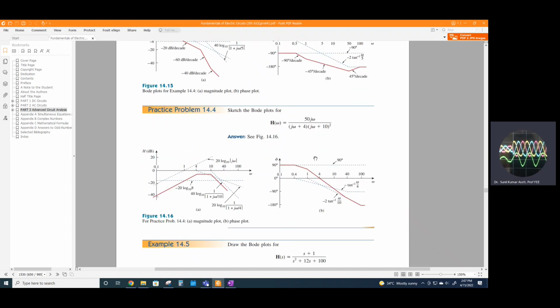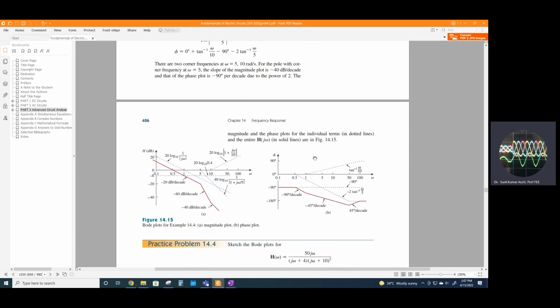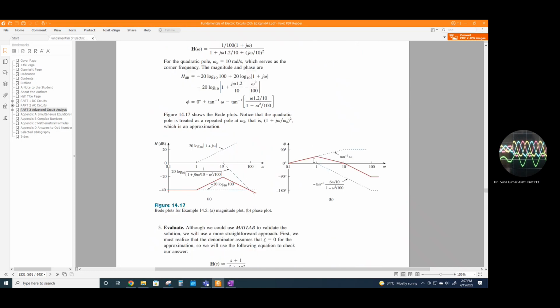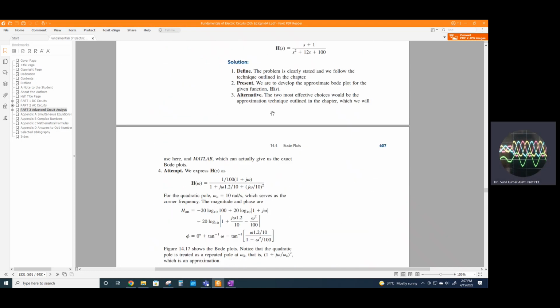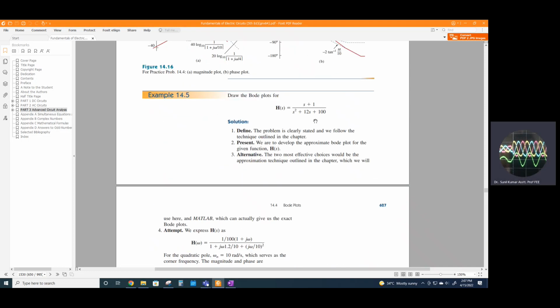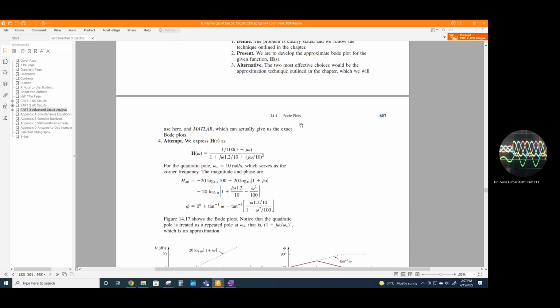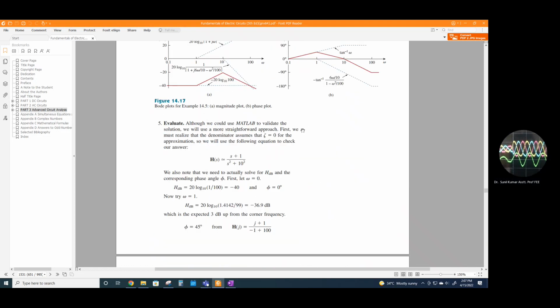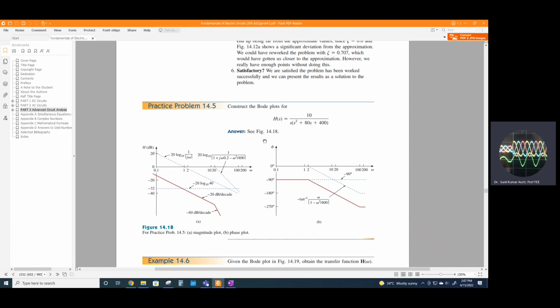All right, we will keep it for the future. For now, we are just getting familiar with the simple poles and simple roots. So we will skip these kinds of questions which contain quadratic roots, whether in zeros or poles, for now. So let's move to the next one.